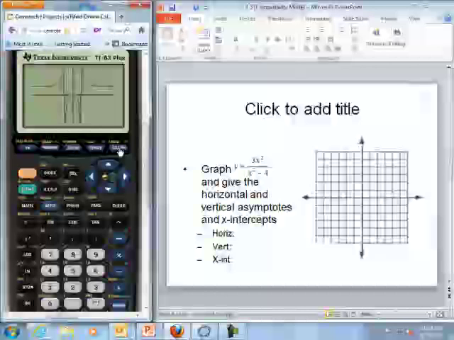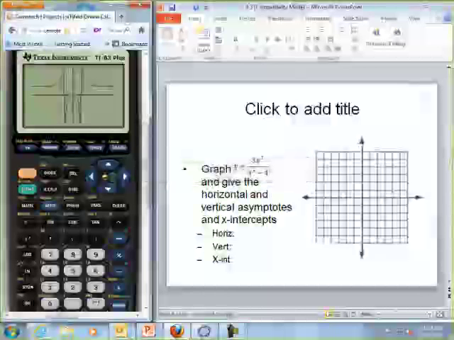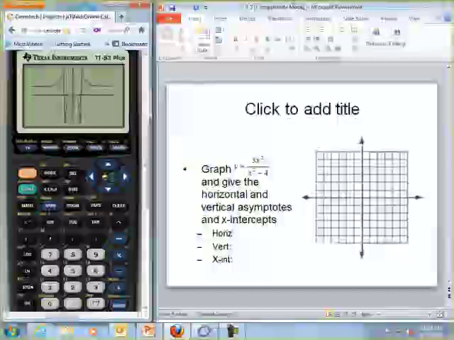And remember, yours may try to connect or not connect. Technically, they should not be connected. Mine is trying to connect some pieces here that don't really belong to be connected. So if yours are separate pieces, that's actually a good thing.